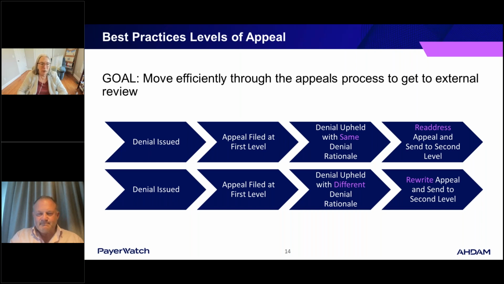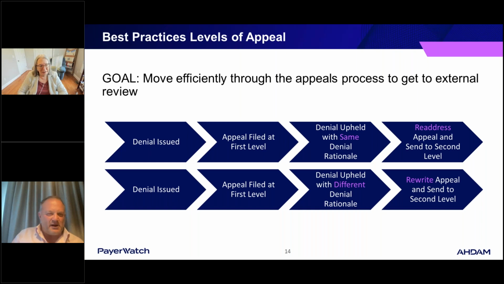We see that a lot. We'll see coding cases come back with a clinical validation denial rationale, and then they'll come back and say, okay, we'll let you have that diagnosis, but we don't like this other one. We don't think you coded it correctly. Okay, your sepsis is clinically valid, but this diagnosis is not. So we see that quite a bit, and of course at that point you do have to rewrite your appeal.